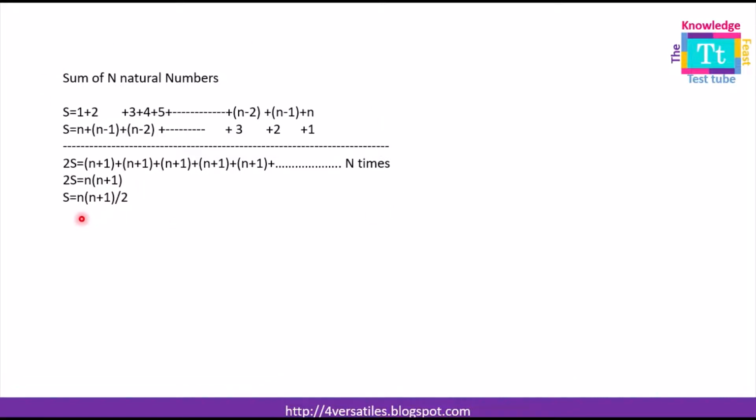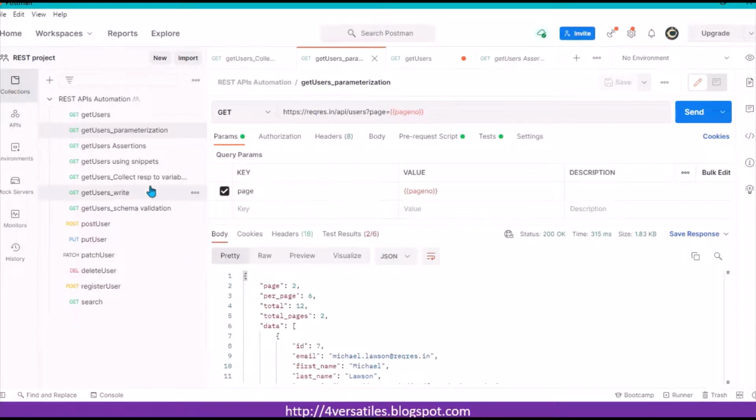You have derived an equation for a given pattern and applied this equation to find solutions for different parameters. n is a variable here. Similarly, page number in our example is a variable. This is an equation. Similarly, in our case, this is going to be an equation. So this is called parameterization.